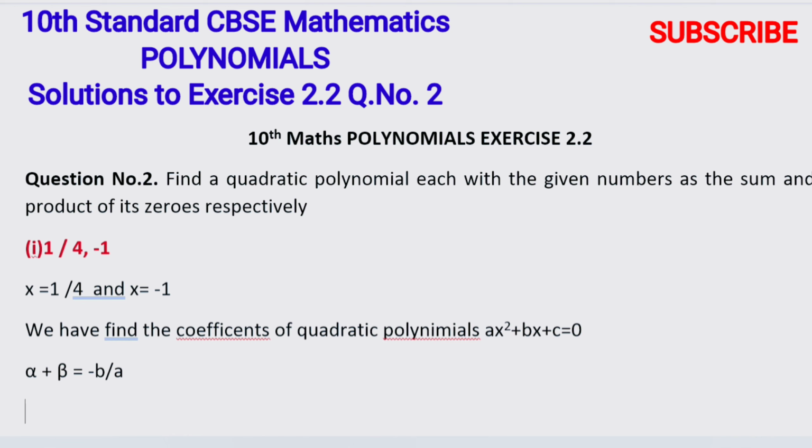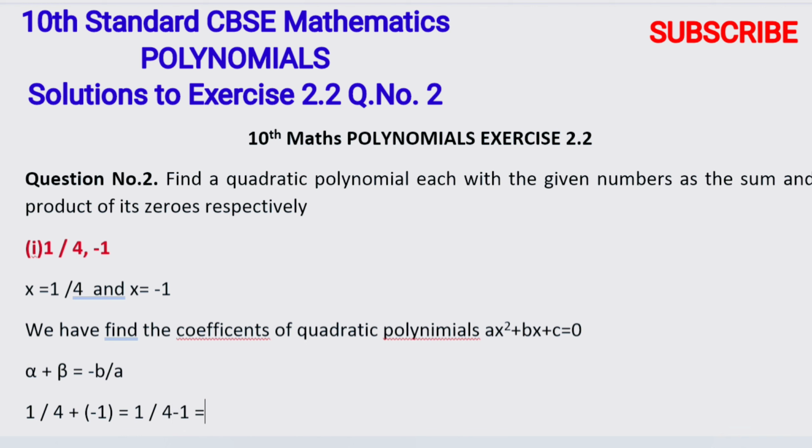Here alpha is 1 by 4, plus beta, which is minus 1. How much will it be? 1 by 4 minus 1.